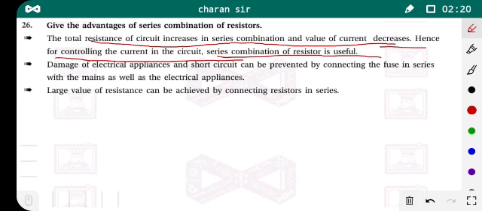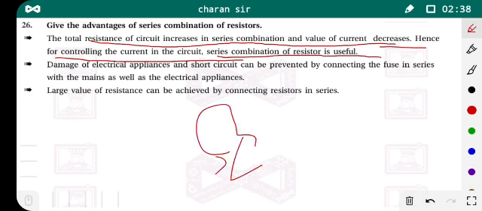We know that resistors are devices that oppose the flow of electric current, which we require in some situations. Suppose some devices operate at a specific value of current.